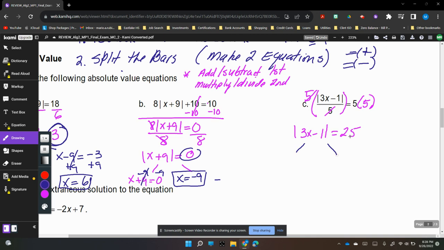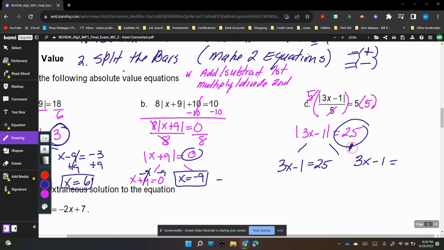Then I can split the bars and do 3x minus 1 equals 25. And the second equation is 3x minus 1 equals the negative of this number. So it's negative 25. And then I solve as normal. Remember, doing the addition and subtraction first to isolate, and then the multiplication. So I'm going to do this first. Those cancel.